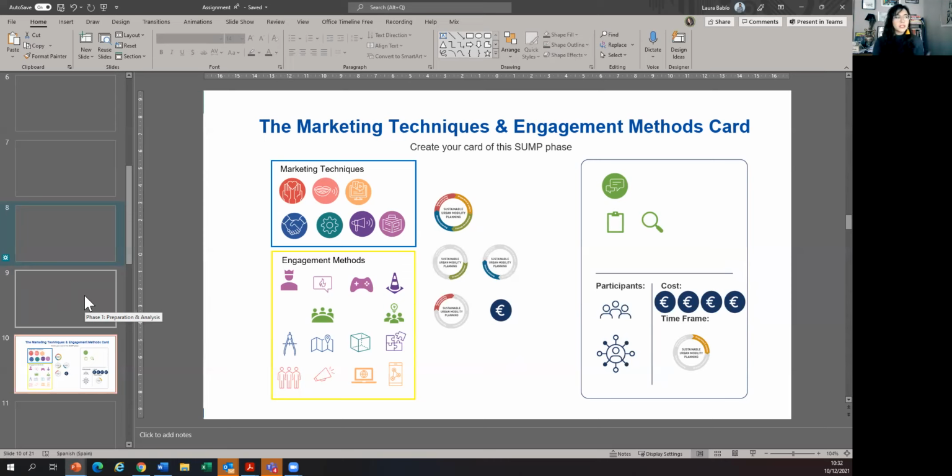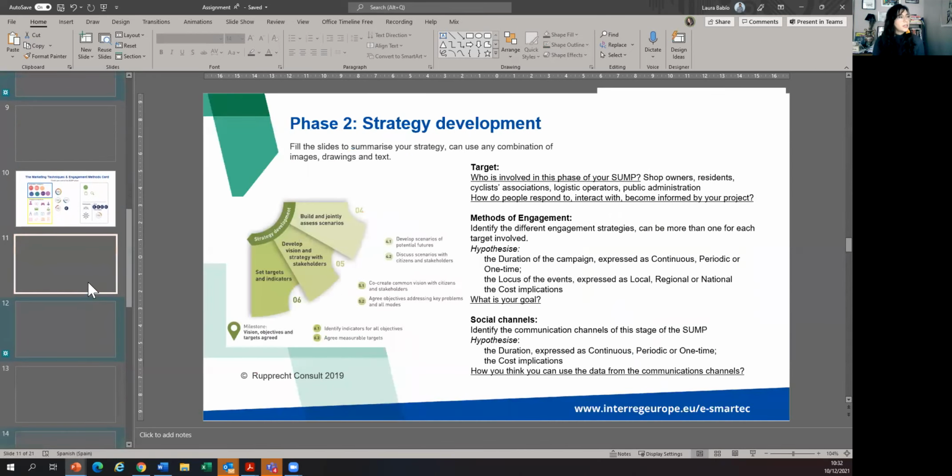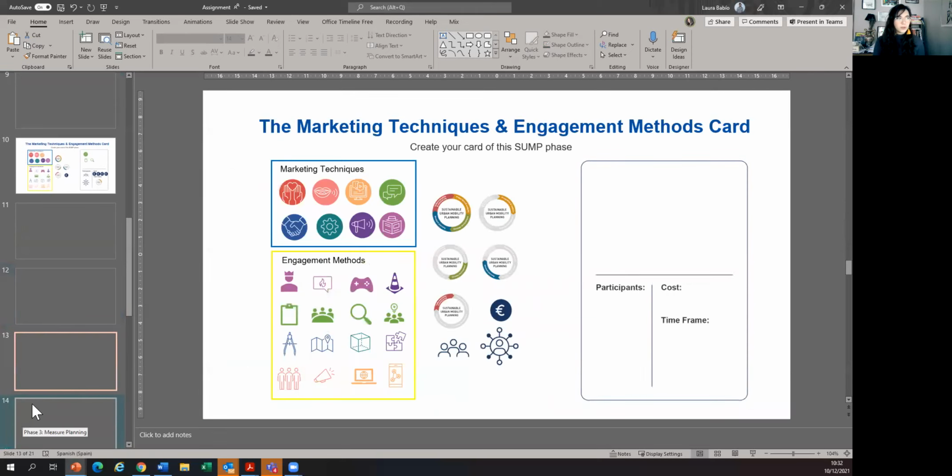We want you to go the extra mile, but I think it's good for you to understand how to go ahead. And then basically you have the same 3 slides for each of the SUMP phases.